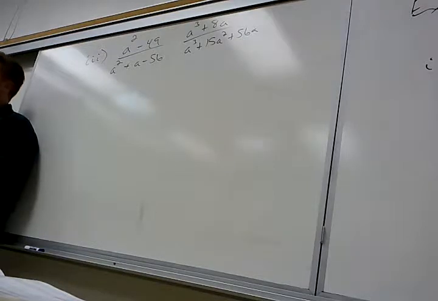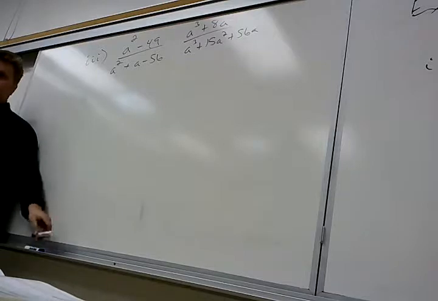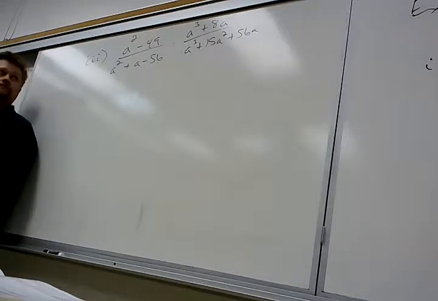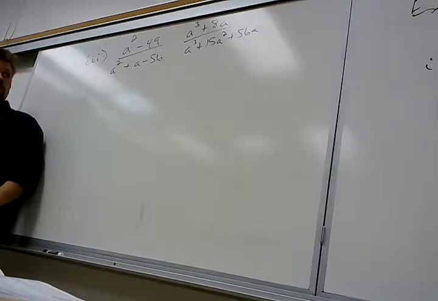So it's going to be A, plus something minus something plus something minus something. Plus 7, plus 8, minus 7. And times A plus 3.